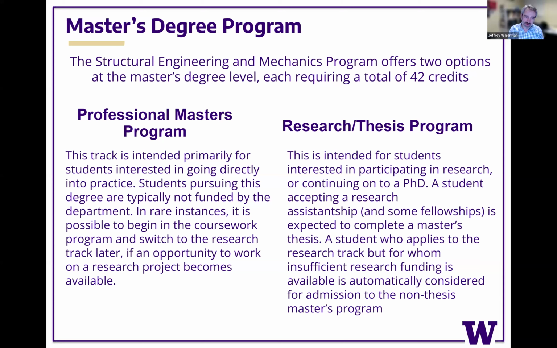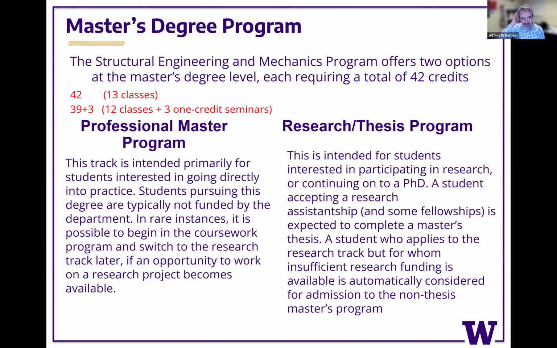The intention with the Professional Master's Program is really to take those 42 credits of coursework. There's a couple different ways that we can slice that up, but for the most part, it's 42 credits of coursework.